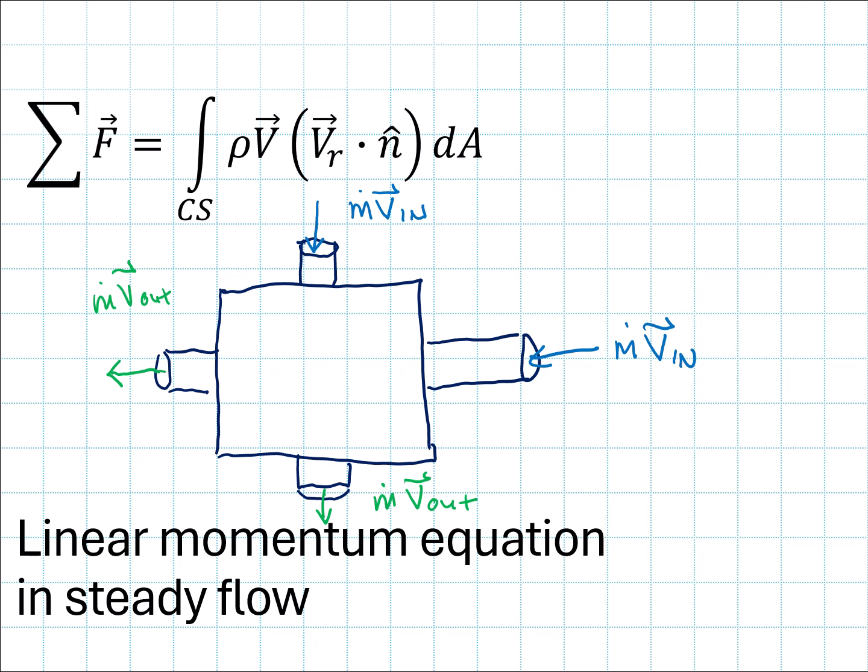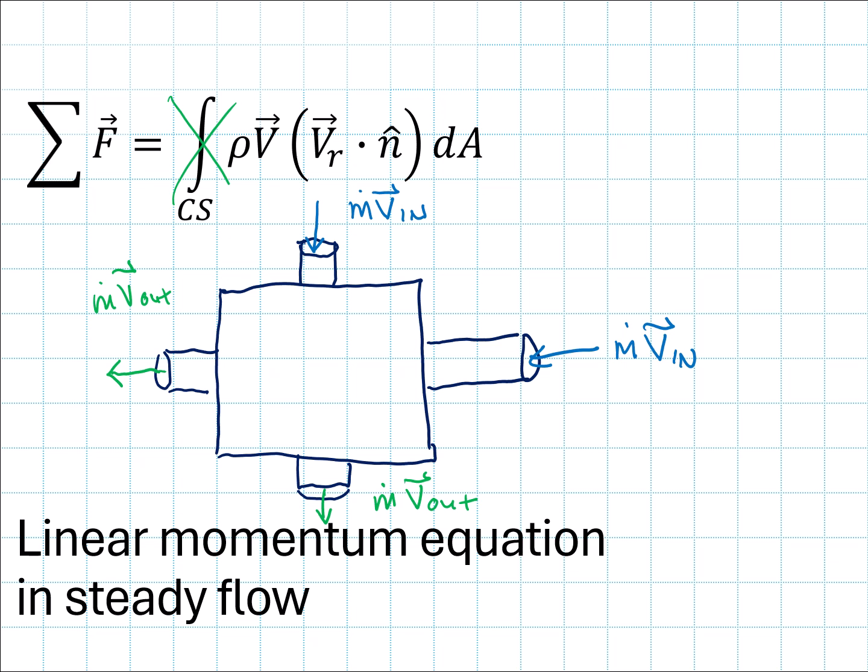So remember that the right-hand side of our equation in a steady flow is only this momentum flux. So flux out minus momentum flux in. And so now that I have this situation where flux can only happen in certain places, I don't need this integral anymore.